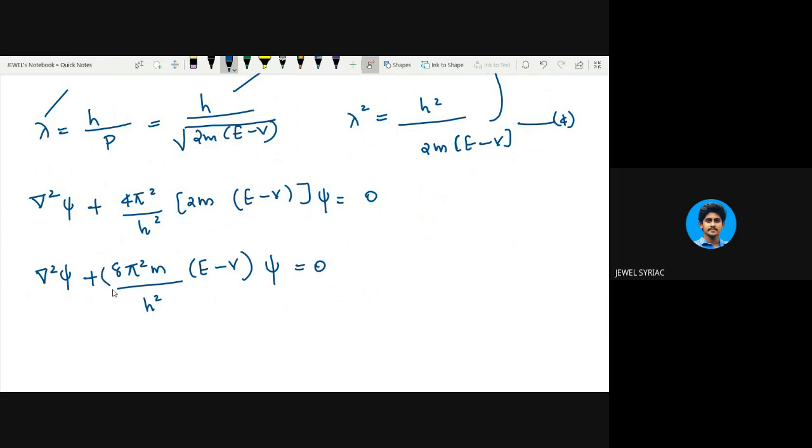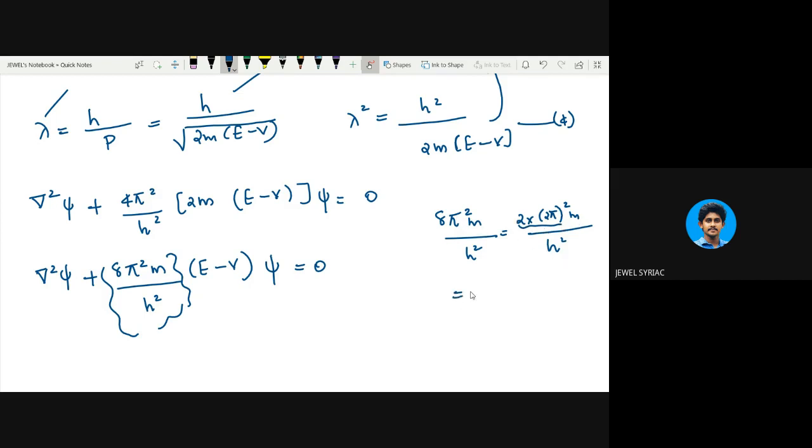Give attention to this expression, 8 pi square m by h square. We can write this as 2 into 2 pi all square into m by h square. Can we write that? 2 into 2 pi all square means 2 into 4 pi square, that means 8 pi square.